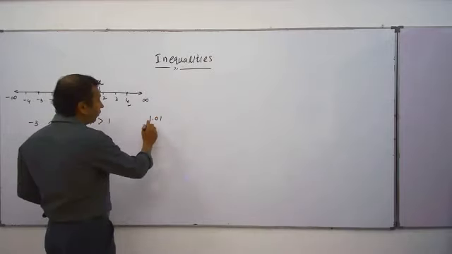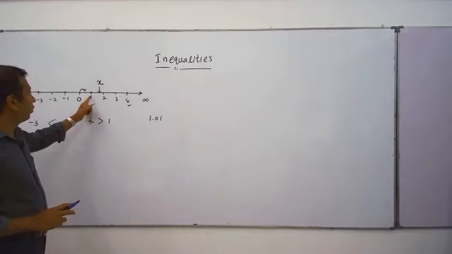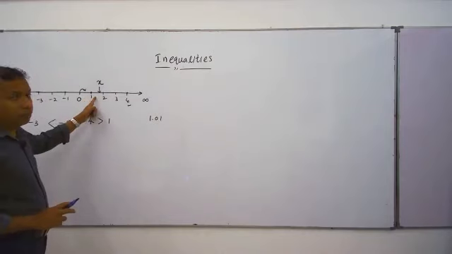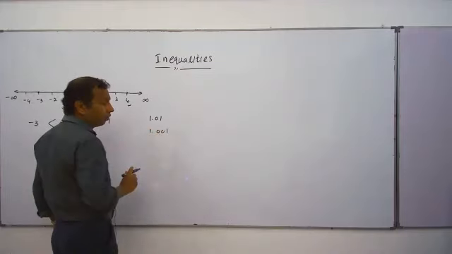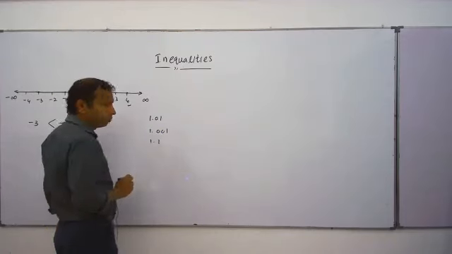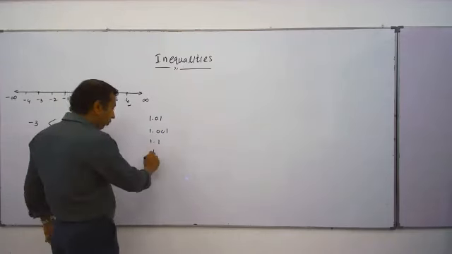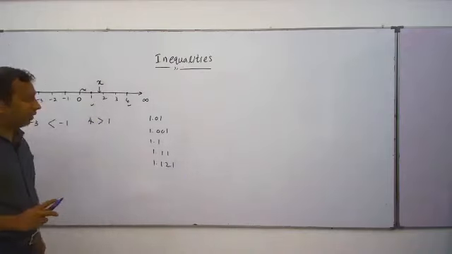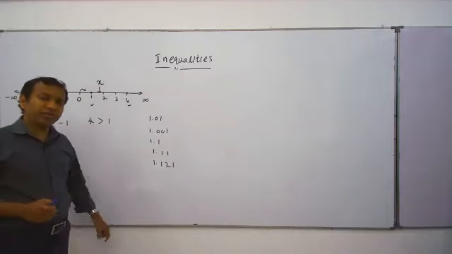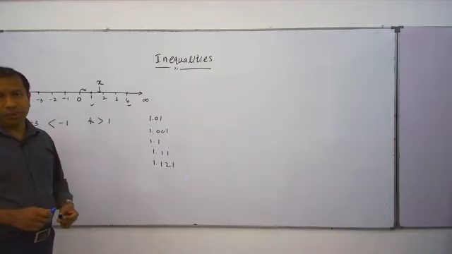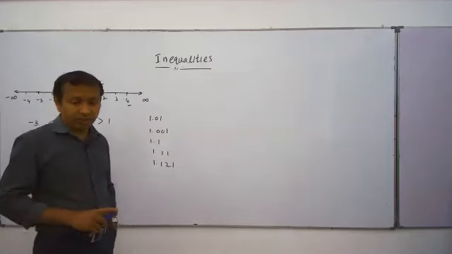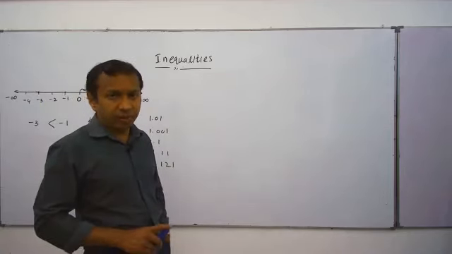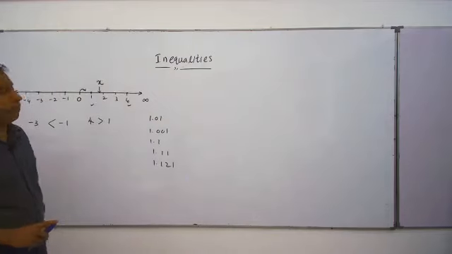For example, 1.01 is on the right of 0 and left of 2, 1.001 also, 1.1 between 1 and 2, 1.11 between 1 and 2, 1.121 between 1 and 2. Like this, how many real numbers can we write? Infinite. Therefore, between the real numbers 1 and 2, there are infinitely many real numbers.